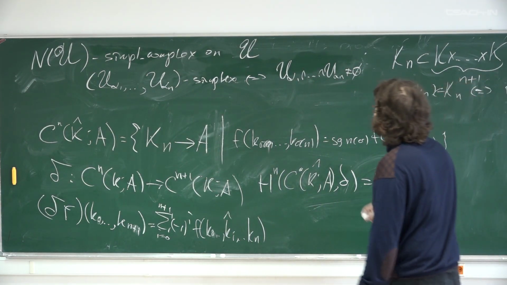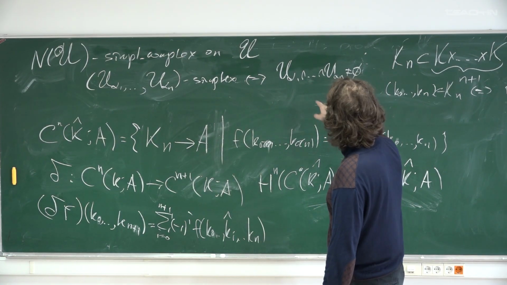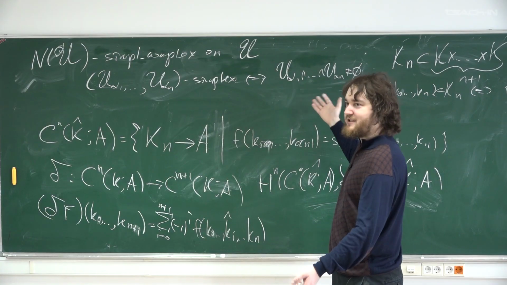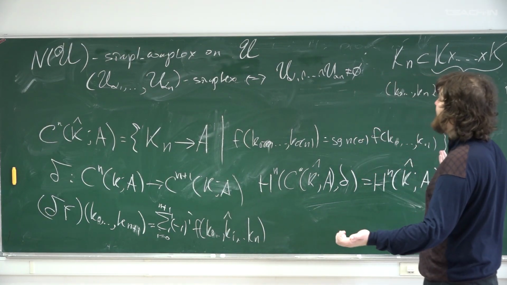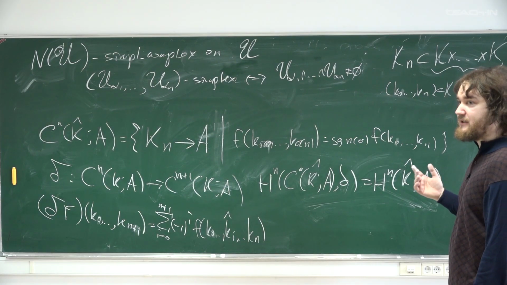It is indeed a simplicial complex, because if an intersection is nonempty, all smaller intersections are also nonempty. It's called the nerve complex.